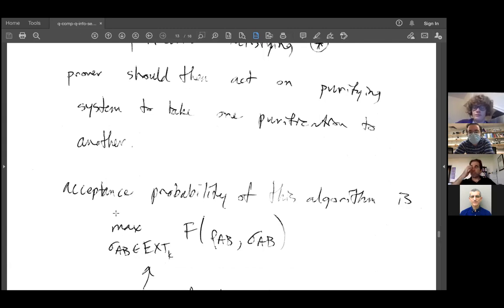There are estimates in trace norm, which depend badly on the dimension. But for this other kind of norm called one-way LOCC norm, the dependence is better. It's just logarithmic in the dimension.